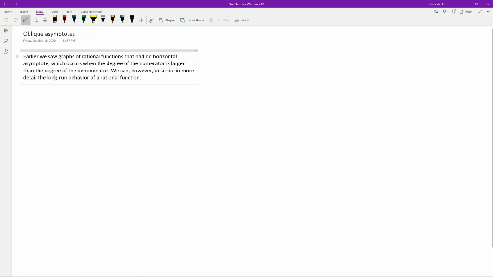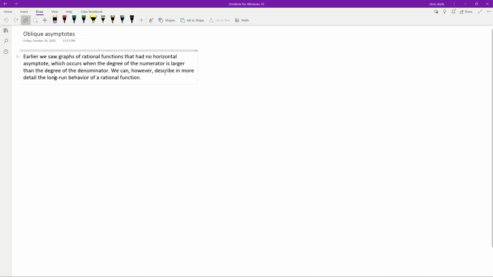Notice that as x becomes really large in the positive or negative direction, 77 over x minus 5 would be dividing by a larger and larger number. So this term is going to go to 0 in the long run.